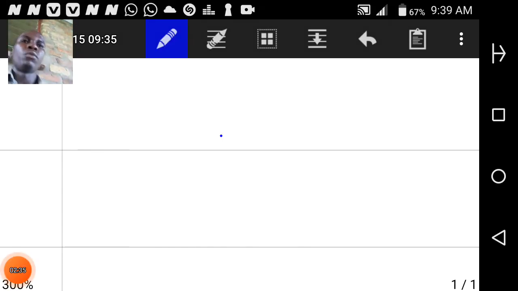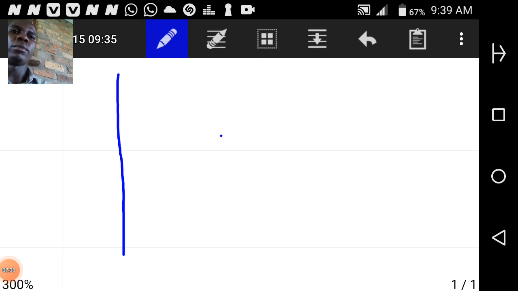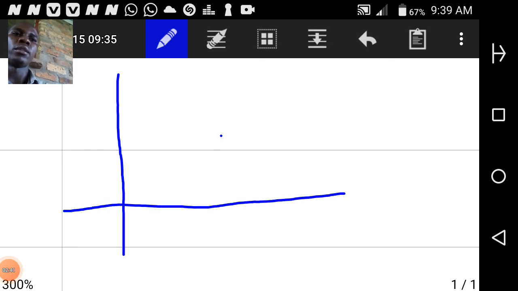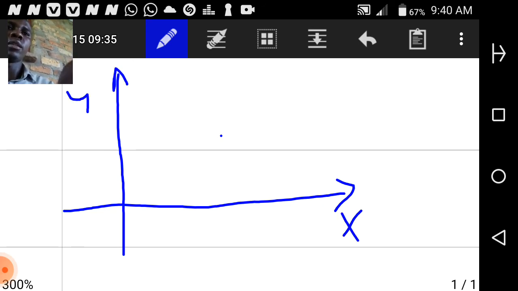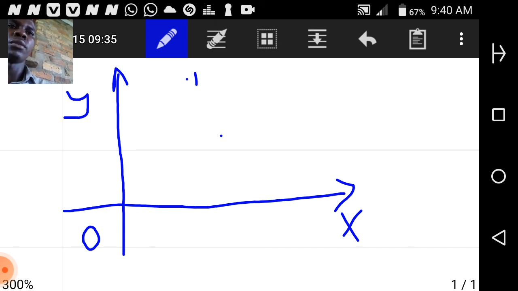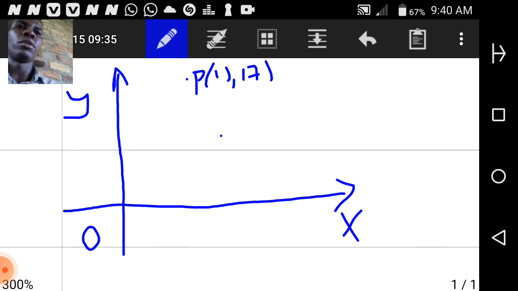From the Cartesian plane, for example, this is my y-axis, this one here is going to be my x-axis. Assuming I have my origin O here, and I have my point P here, which is (13, 17). I also have my point Q here, which is (5, 2).